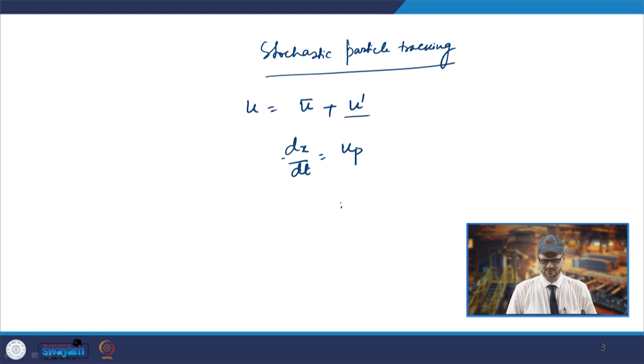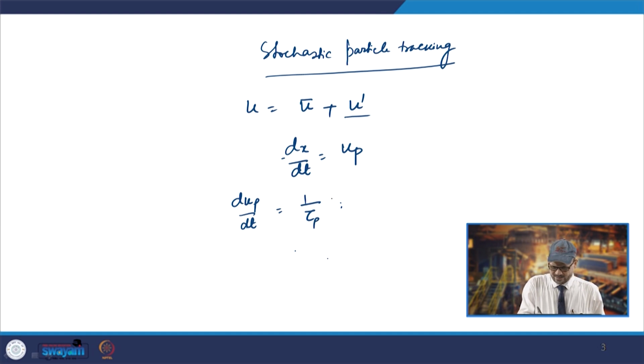So what happens is that you may have approaches by which you solve. The trajectory equation can even be simplified, and you can linearize these source terms. The trajectory equation which we have written earlier, dup by dt, is basically a function of u minus up, and it is written as 1 by tau p times u minus up.